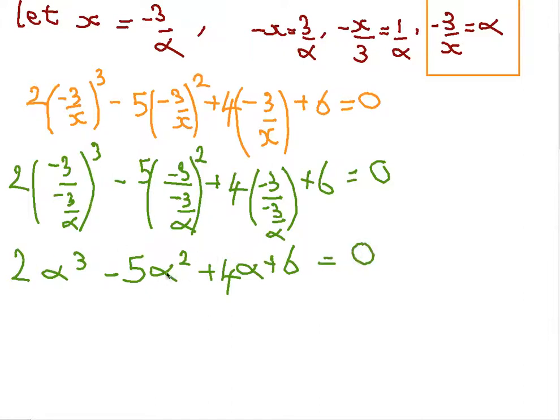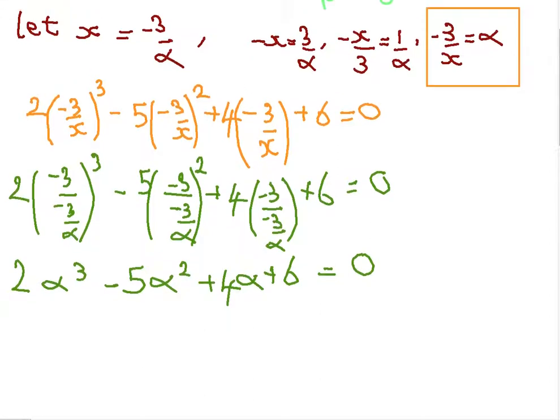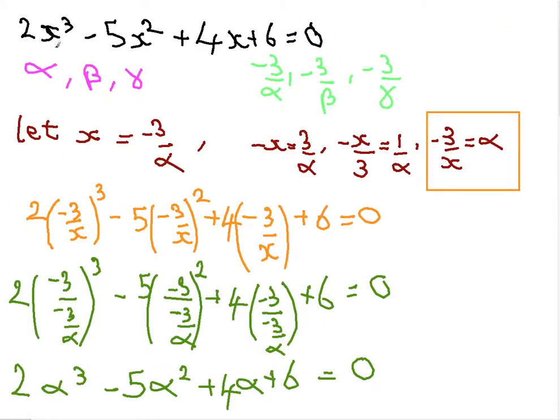Does that work? Does this hold true? Well, yes, of course it holds true. If we look at our original equation here and we substitute for alpha, we'd get 2 alpha cubed minus 5 alpha squared plus 4 alpha plus 6 equals 0.